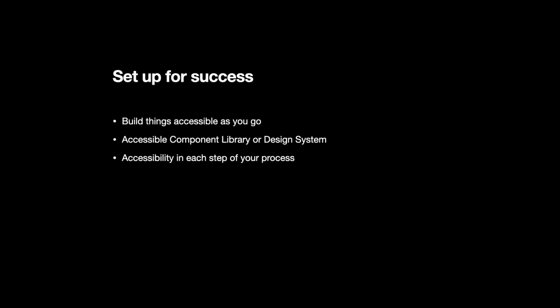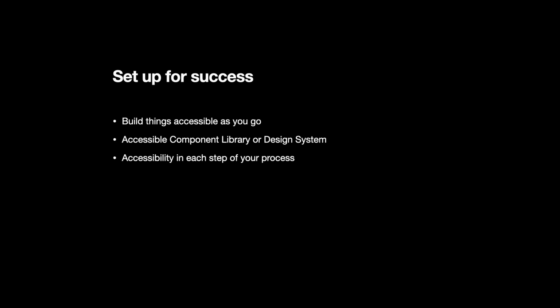Here are some tips for success. Build things accessible as you go. Don't do accessibility last. It's much easier to integrate into your daily processes and avoid a big list of bugs. If you're watching this, you probably know this already, but we really need to get all developers on this, not just specialists.